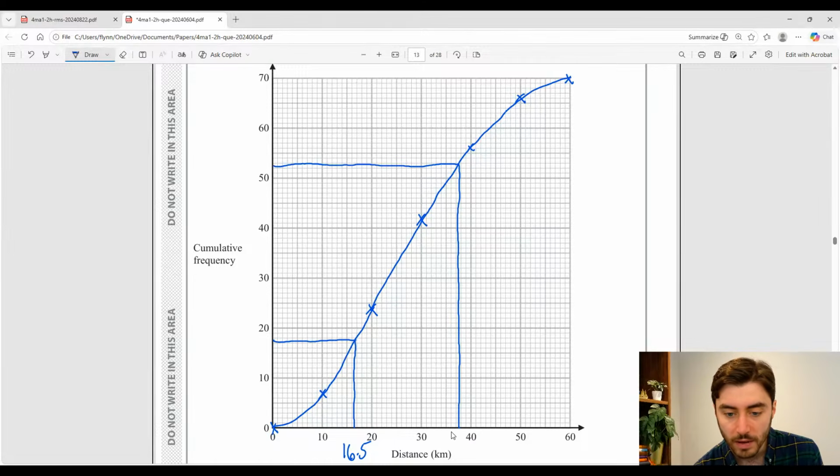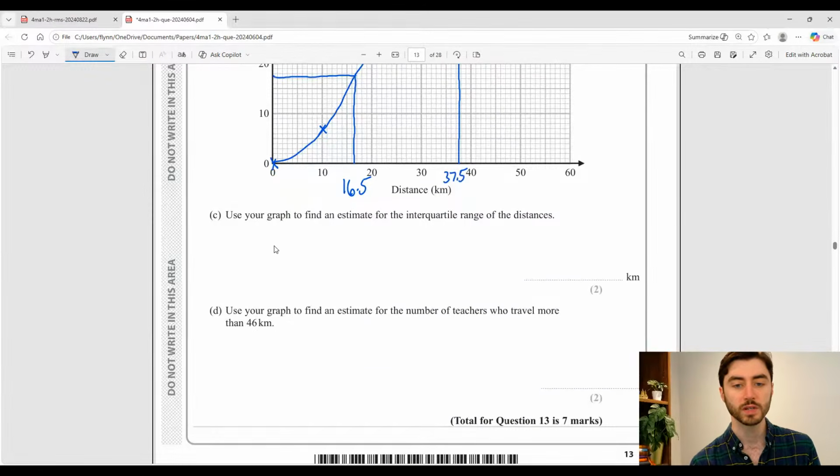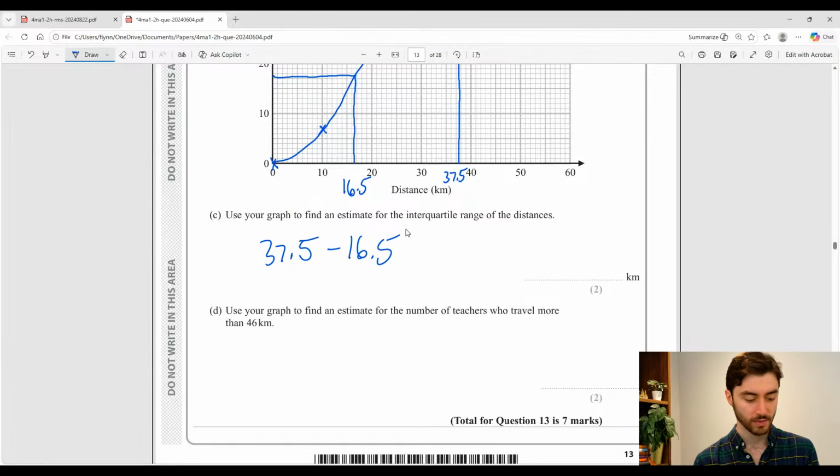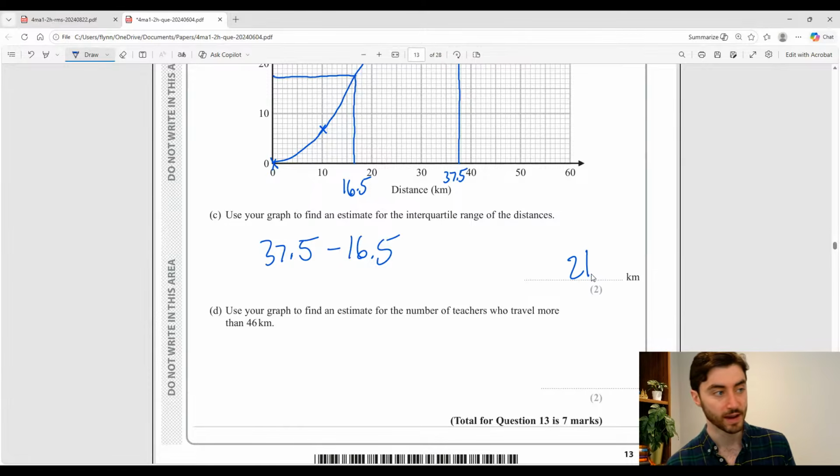So that brings me down to 37.5. And the interquartile range would be 37.5 minus 16.5, and that gets me 21. Now, in the mark scheme, you'll see there'll be a range of acceptable answers, and hopefully that is in there.